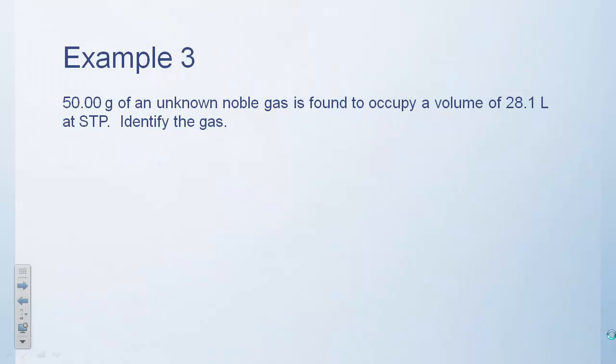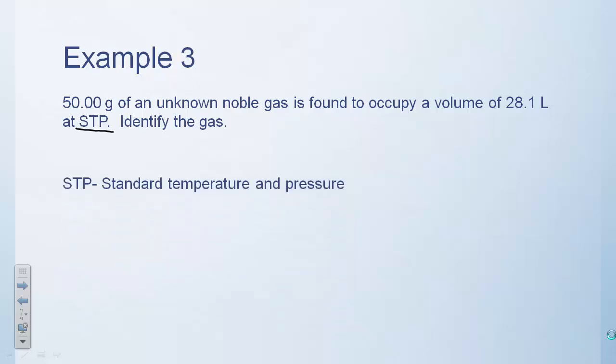In this case, we're told that we have 50 grams of an unknown noble gas. It occupies a volume of 28.1 liters at STP, and we're asked to identify the gas. Before we do that, now would be a good time to tell you what this abbreviation, STP, refers to.